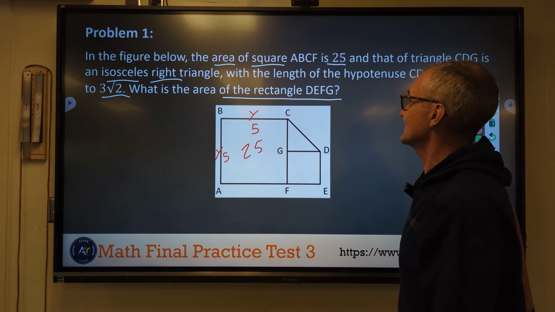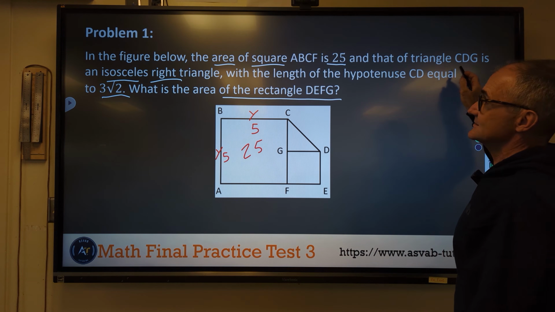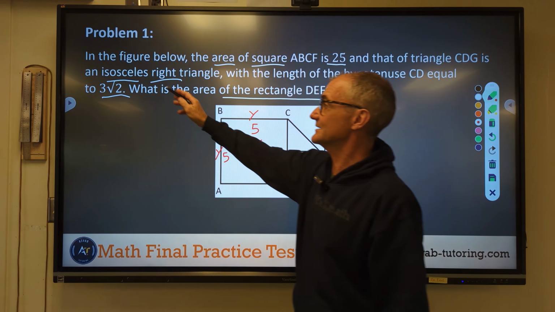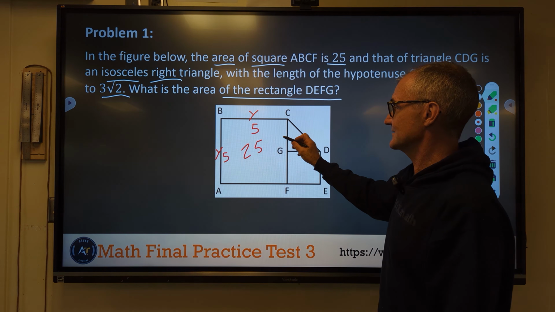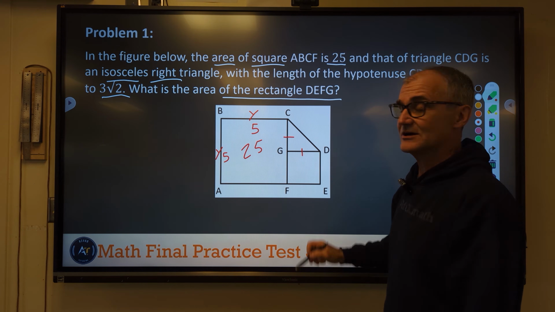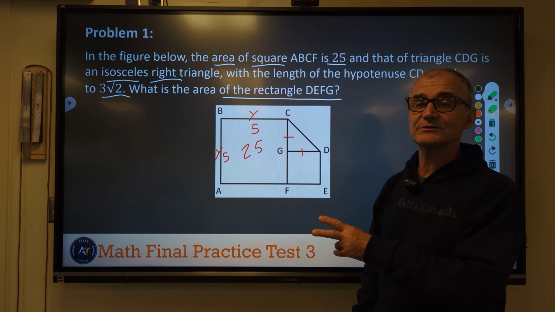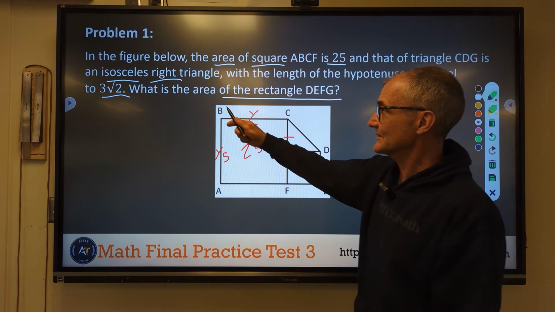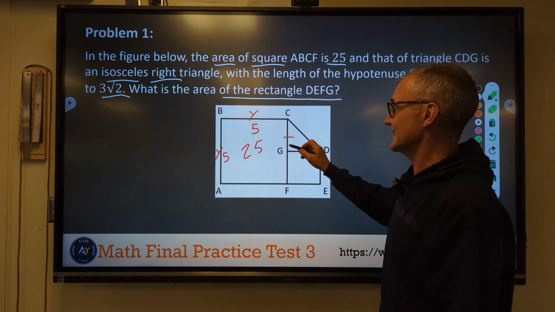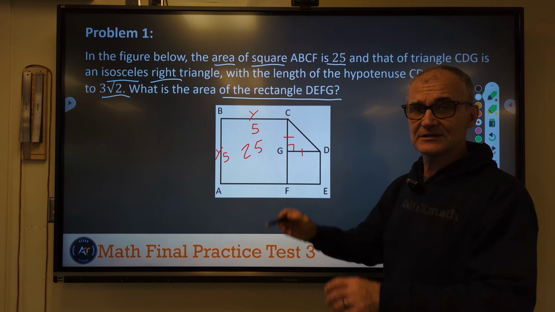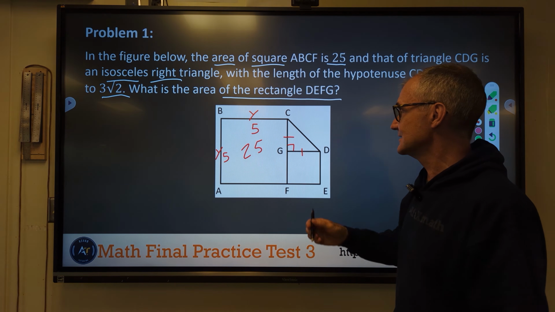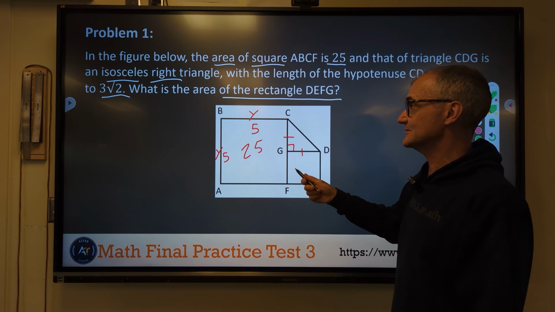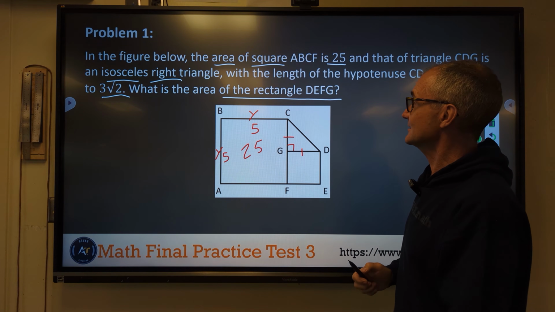5 times 5, 25. CG, isosceles right triangle. So isosceles means this and this are congruent. Isosceles has 2 equal sides. Right means one of the angles is 90 degrees. You put a little perpendicular mark in there to say it's a right triangle or 90 degrees. It's a special group of triangles.